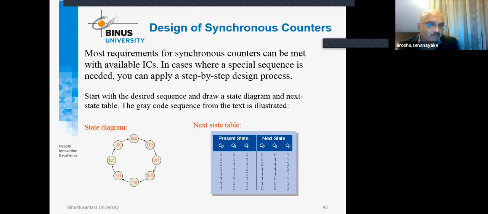What is going to happen to the rest? So what I mean is 0, 0, 0, 0, 0, 1, 0, 1, 1, 0, 1, 0, 1, 0, 0, and then reset back. How do the present state and next state look like?